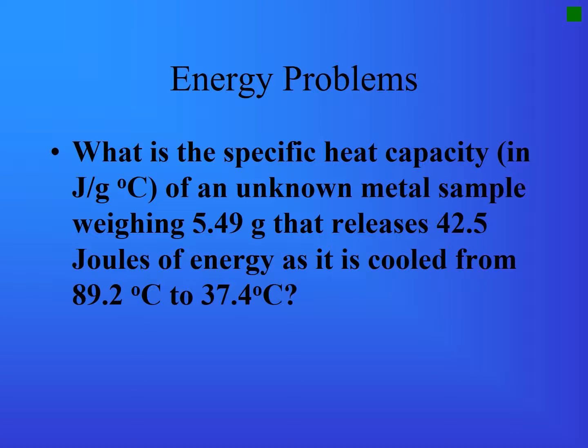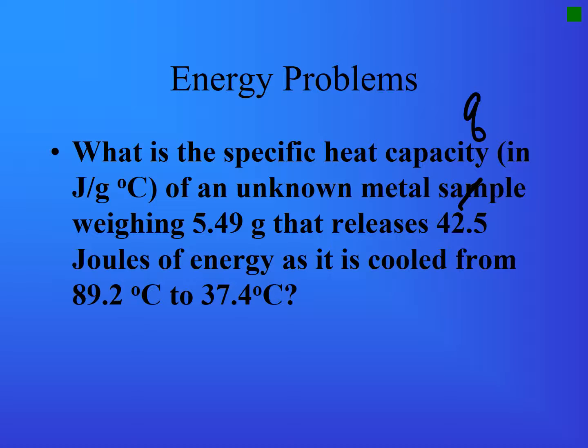What is the specific heat capacity in joules per gram degree C of an unknown metal weighing 5.49 grams that releases 42.5 joules of energy as it is cooled from 89.2 degrees C to 37.4 degrees C? When it says released, this is my Q, and that means it's negative.